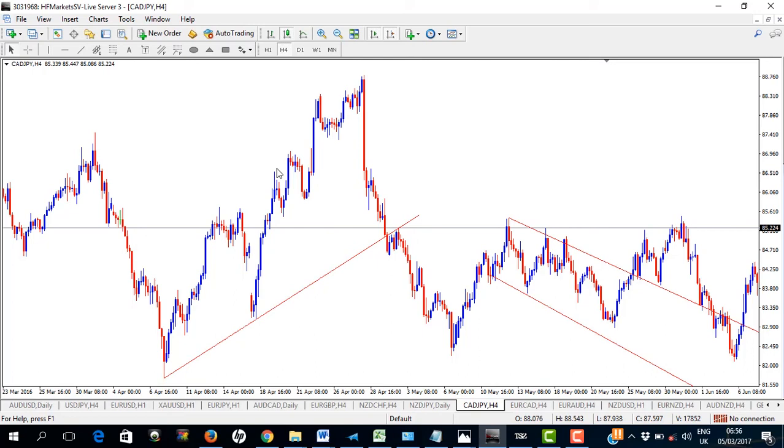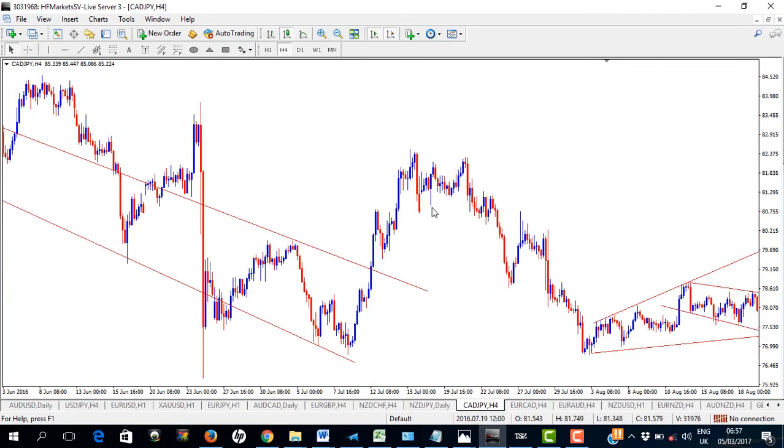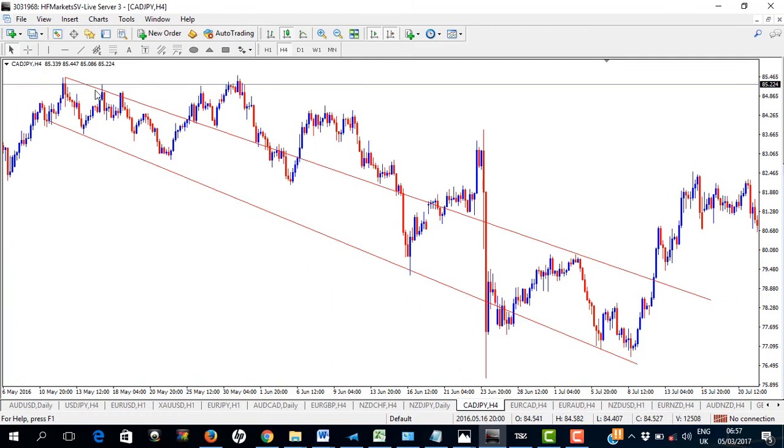Very powerful tool that you need to understand. Trend lines. This is a trend line. In as much as it touches three zones, we are okay with it.